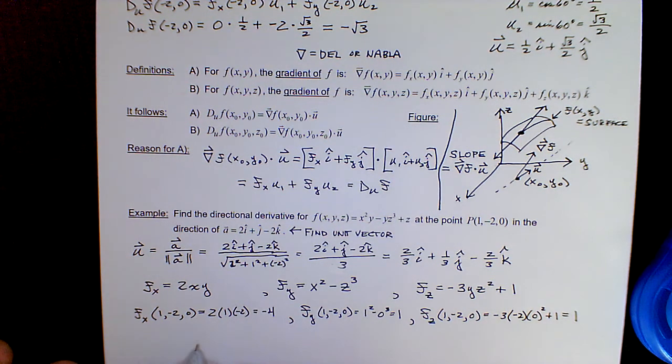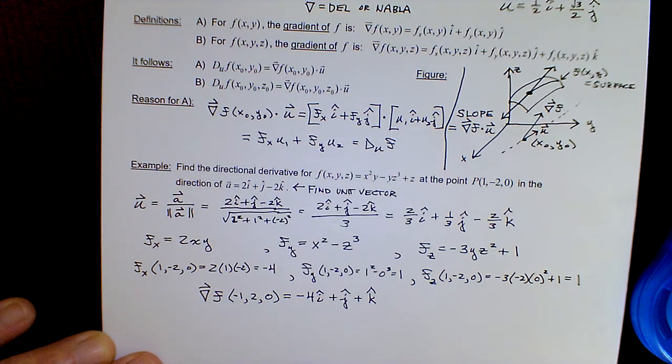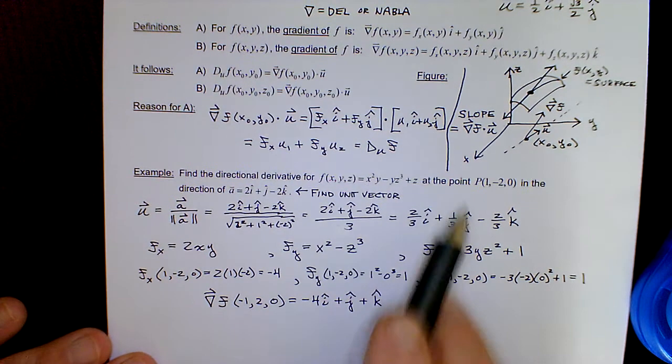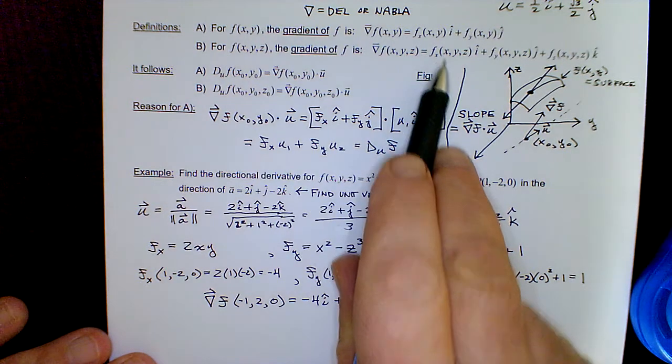And so, therefore, we could say that the gradient of this function at the point 1, negative 2, 0 is going to be negative 4i plus 1j, or just simply plus j, plus 1k, or just simply plus k. So that's our gradient by the definition.